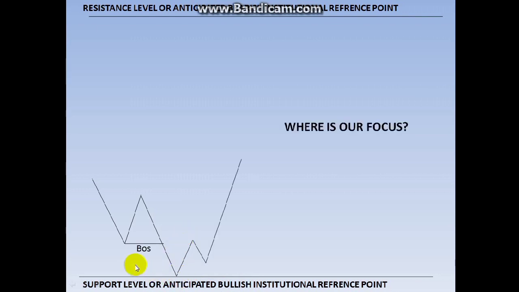Okay, so now when price dropped into this, this is just an anticipation. We are just watching price because this could just be a break of structure. This could be many things, right? This could just be a break of structure and a continuation to the downside.